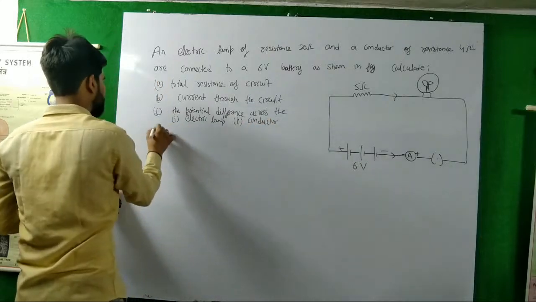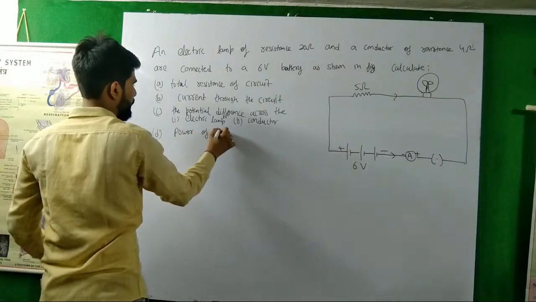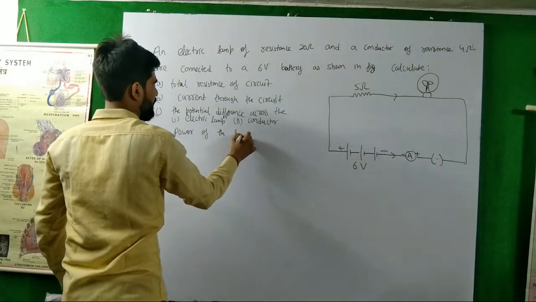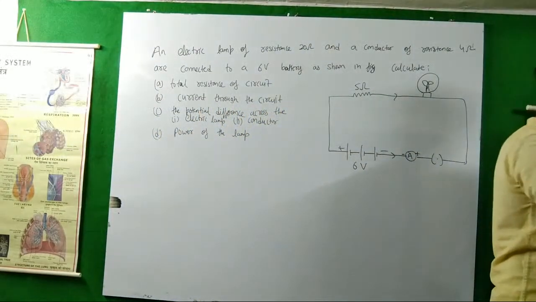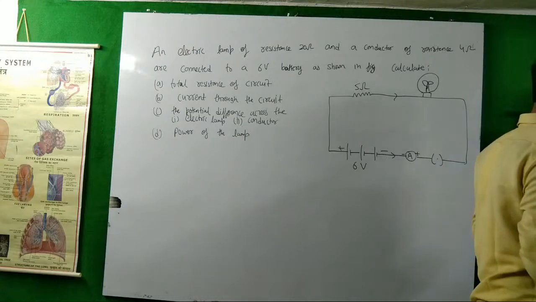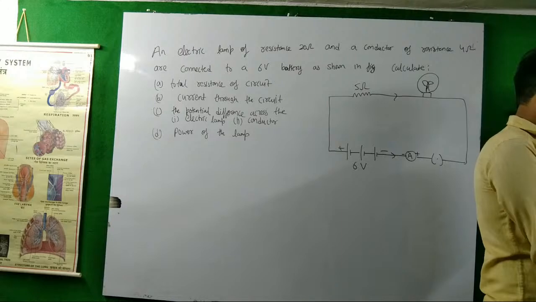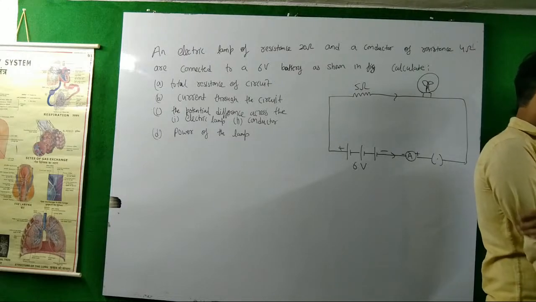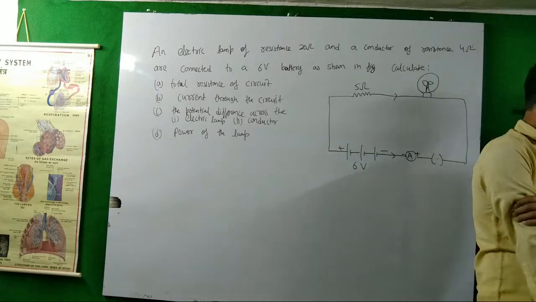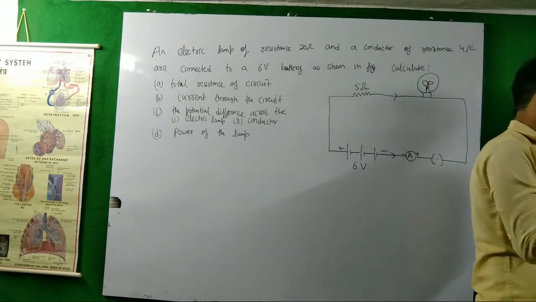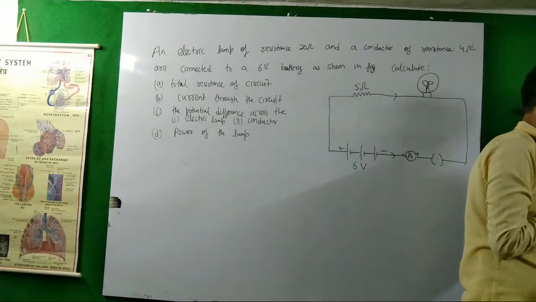And the fourth question of this part is the power of the lamp. One by one, we solve all the questions. Firstly, we have to find the net resistance. Thereafter, we have to find the total current, and also the potential difference V in both the cases. Firstly, the value of V in the electric lamp, and second is the conductor.